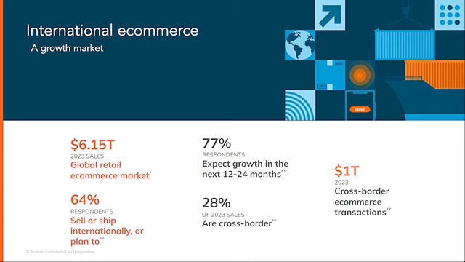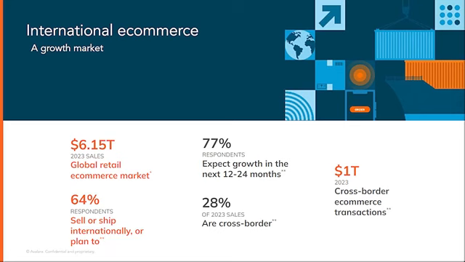The report has a lot of great, juicy information in, but just some key things to point out. In terms of global retail e-commerce market, the sales for 2023 is at 6.15 trillion. A credible number there. I've been speaking about e-commerce for a couple of years now, and it's amazing to see how quickly this number has grown.